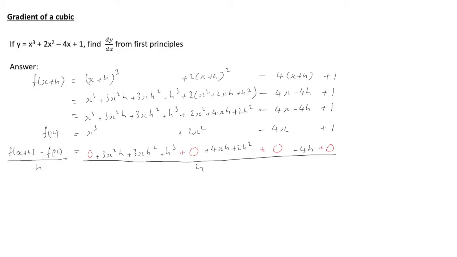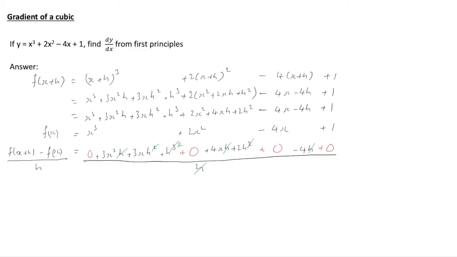The next thing we can do is divide through by the h. This is how this works. All the terms without an h in them have disappeared through the subtraction. So the 3x squared h becomes just 3x squared when we divide by h. 3xh squared becomes 3xh, and so on.